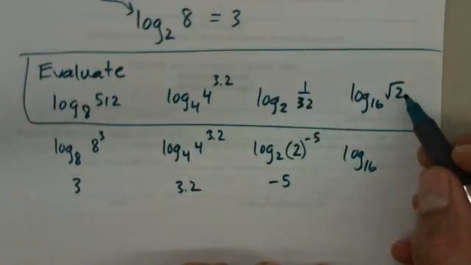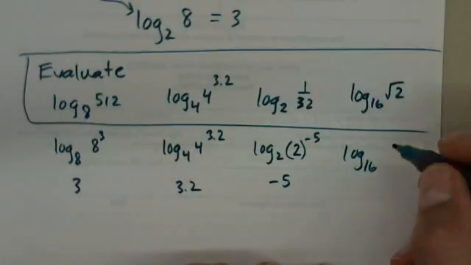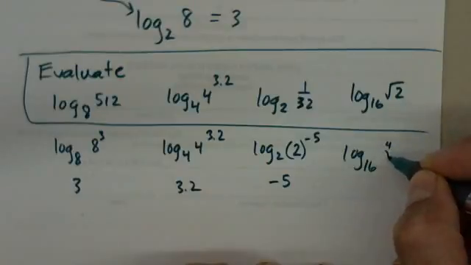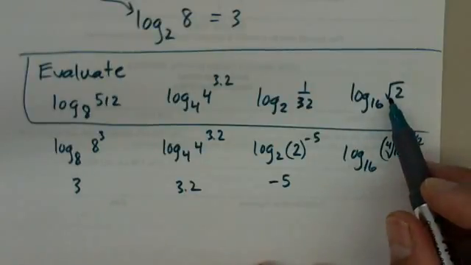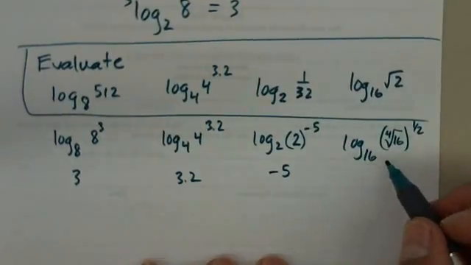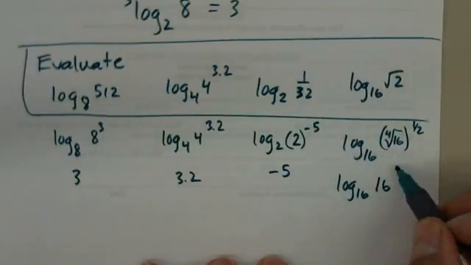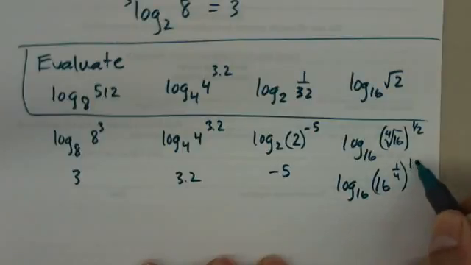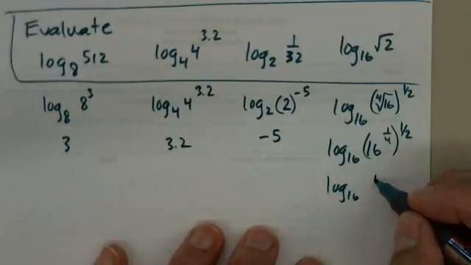need to think of how can we write this in terms of 16. So one way to do it would be 2 is the fourth root of 16 to the 1/2. This is 2, and then the 1/2 is the radical. And then we can say that's 16 to the 1/4 to the 1/2. So now it's 16 to the 1/8.